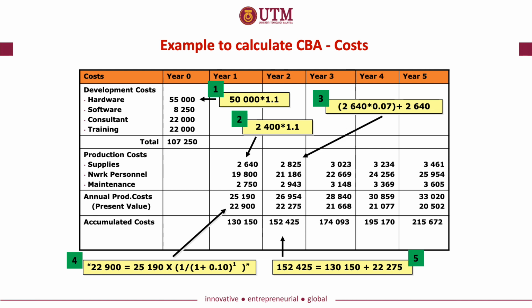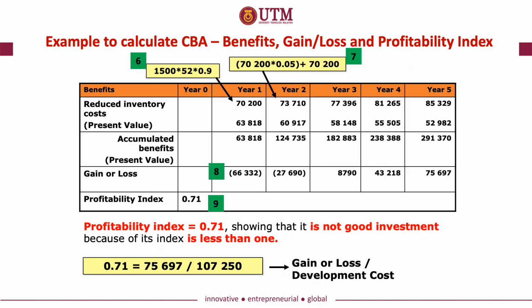In this slide, the table shows an example of how we further calculate the estimated benefits, determine whether the projection shows gain or loss, and calculate the profitability index. Step 6 is to calculate the accumulated benefit value for all 5 years of projection.